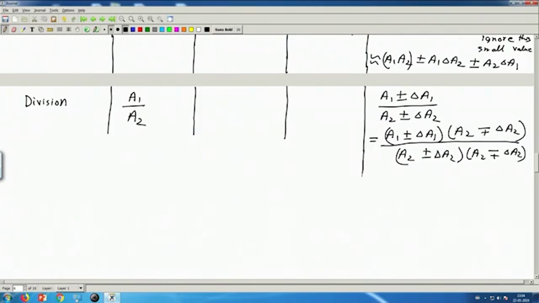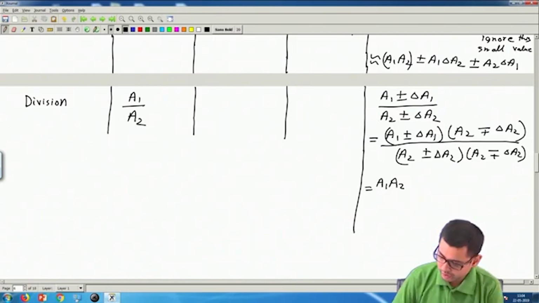Now we will have A1 times A2, and then expand it.